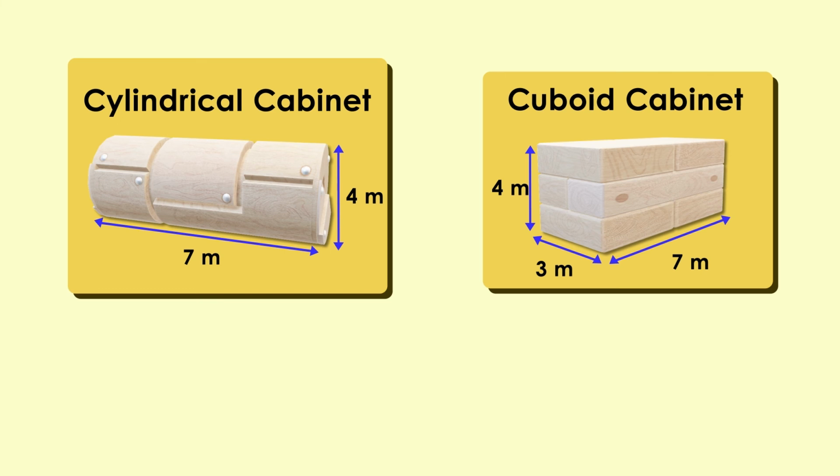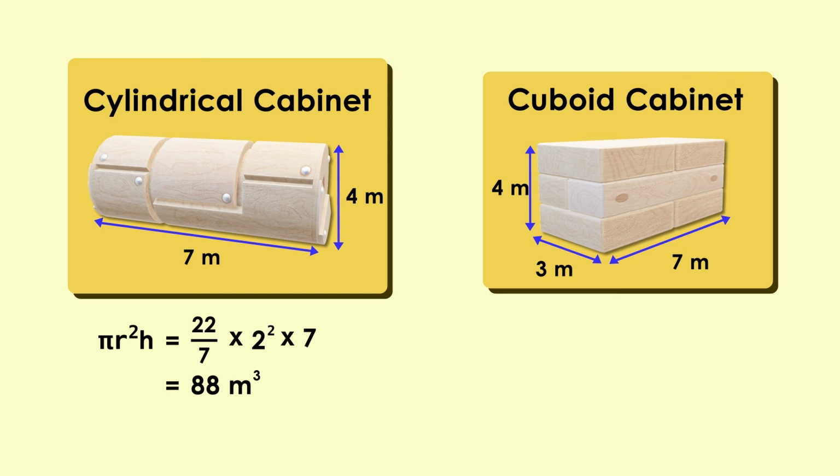Given that one of the cabinets is cylindrical and the other is cuboid. For the cylindrical cabinet, we apply the formula pi r square h. 22/7 multiplied by 2 square multiplied by 7. The volume of the cylindrical cabinet is 88 cubic meters.